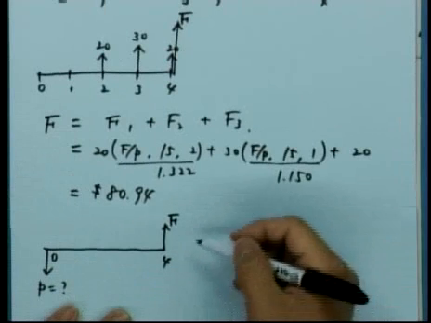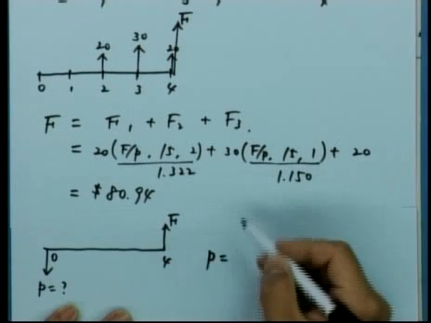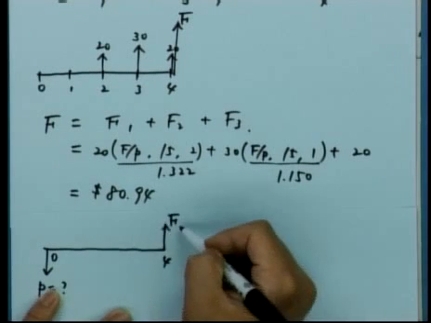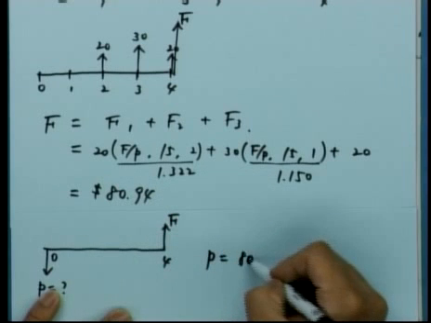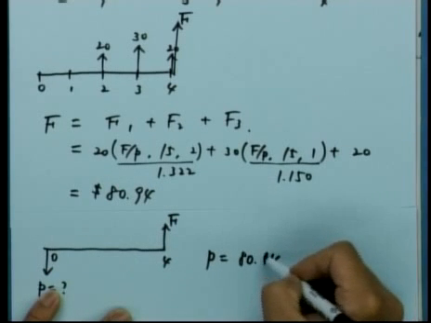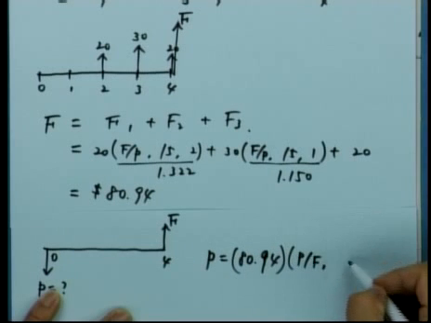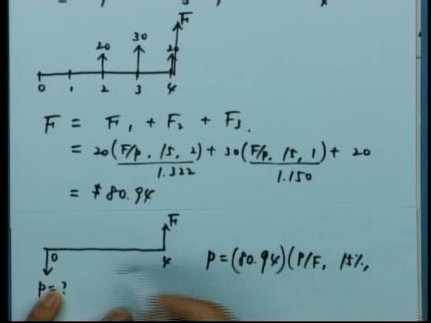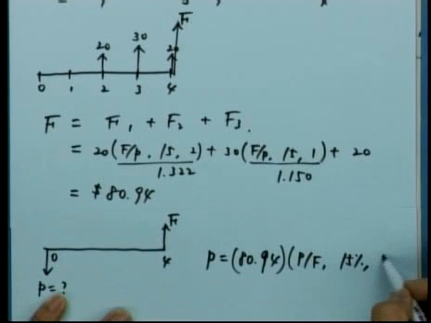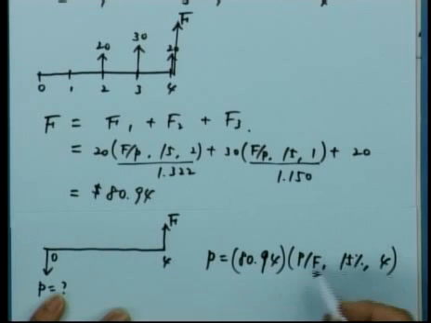So how do you do that? P equals this future value, which is $80.94, times (P given F, 15%, 4 periods), right?